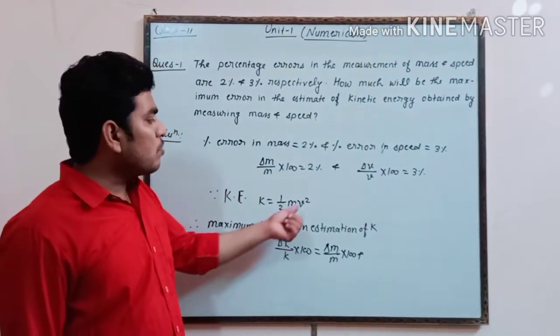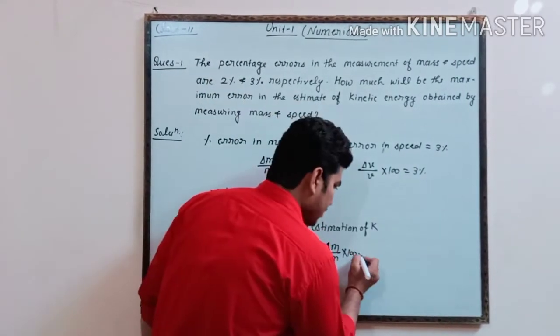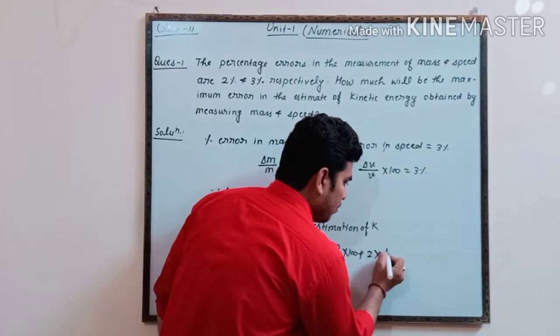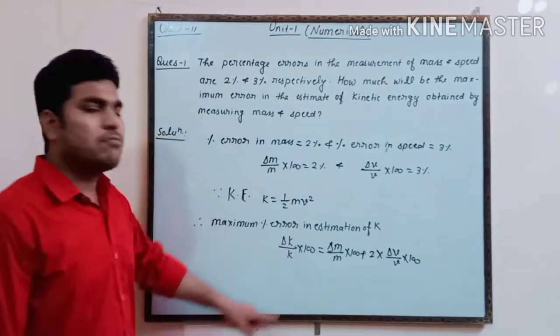And what will happen to the power comes as the first term, twice into delta v upon v into 100. This will be the formula.